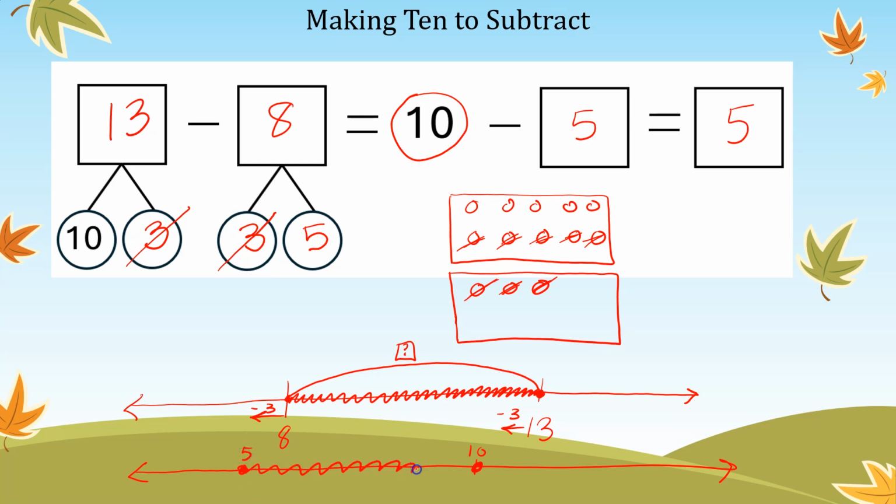The answer is that 13 minus 8 is the same as 10 minus 5, and the answer we know is 5. And that is what we call the sliding method. And they would do this after first grade, but in first grade, we are making 10 to subtract.